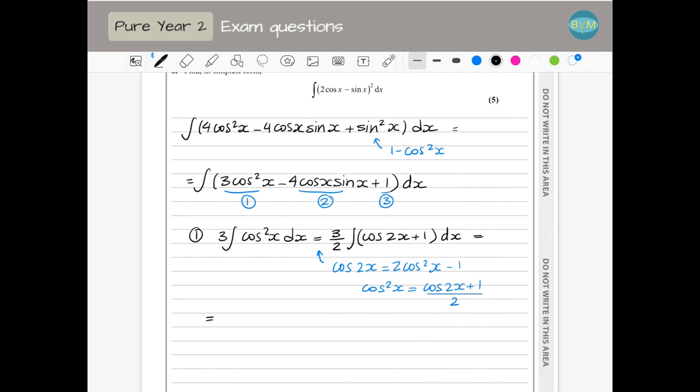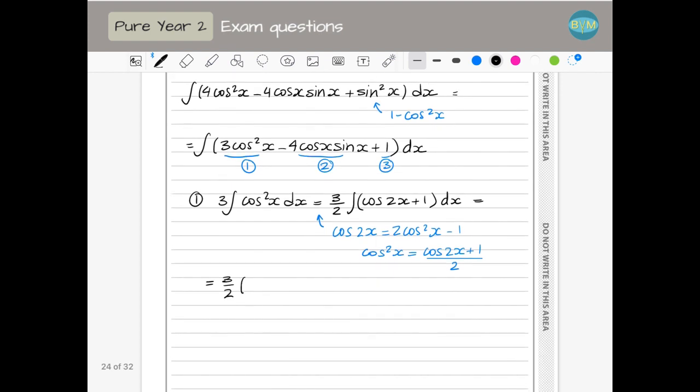So I have 3 halves. And cos 2x, if my function is sine 2x, when I derive, I have 2 cos 2x, and I have cos 2x, so the only thing I'm missing is the 2, so I'm going to divide by 2.